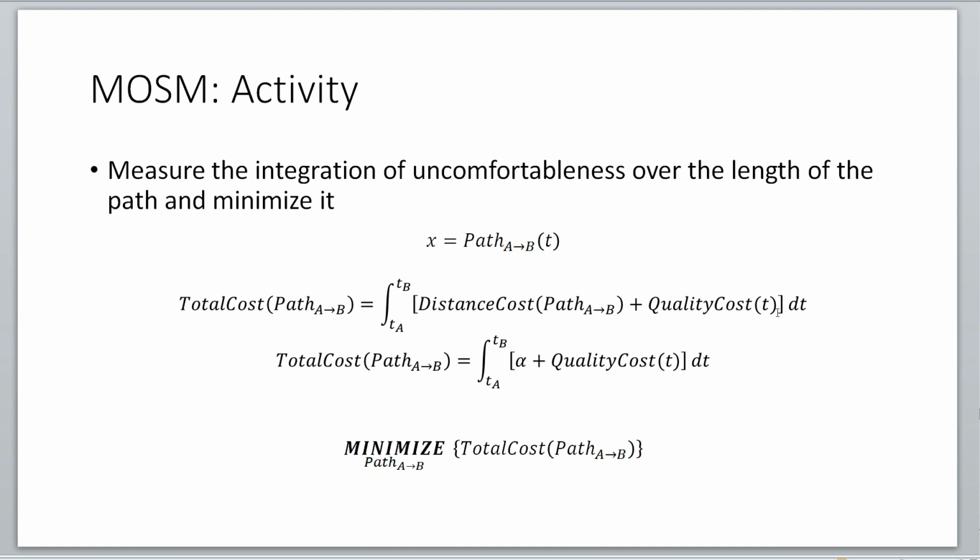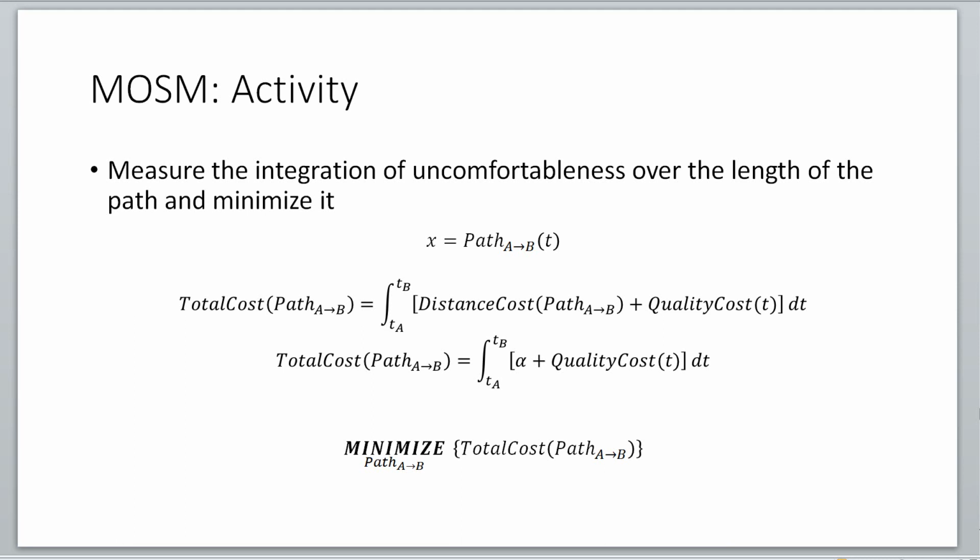It was a parameter. The quality cost is actually a mixture of different parameters also, and the goal is to minimize the total cost of the path without making any of the factors negative. All right, so with that said, I feel confident that I have told you everything you need to know about the path calculation model that we have.